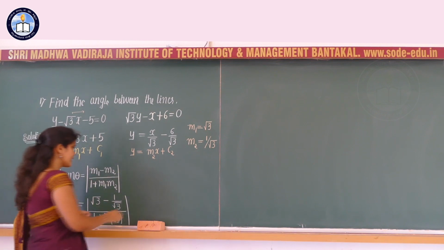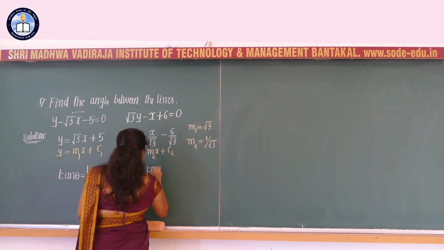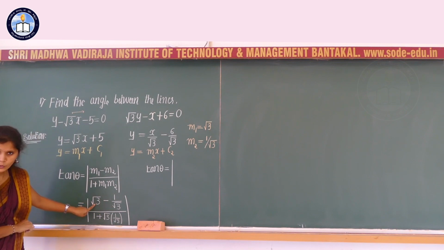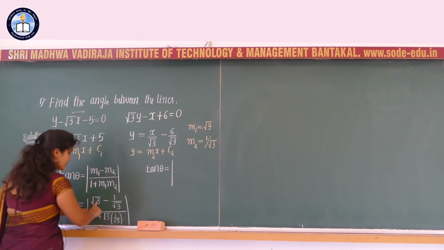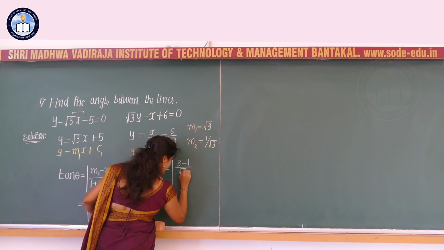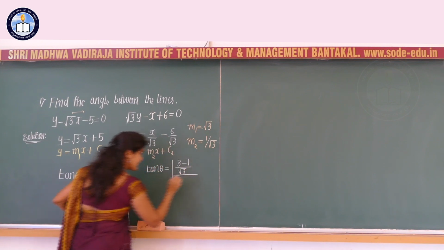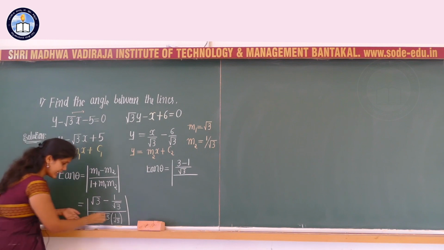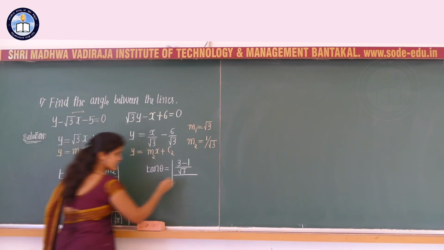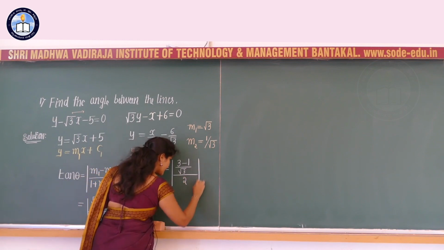Or this I can write as tan theta is equal to, you can reduce the number of steps also, root 3 multiplied with root 3, that is nothing but 3. 3 minus 1 in the numerator divided by root of 3, whole divided by 1 plus 1, where root 3 cancels with root 3, that is nothing but the constant 2, correct?